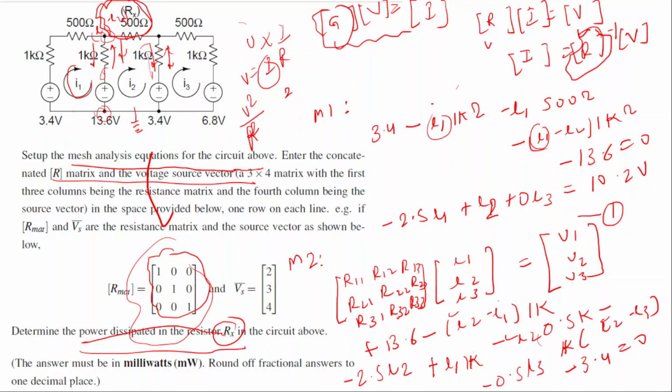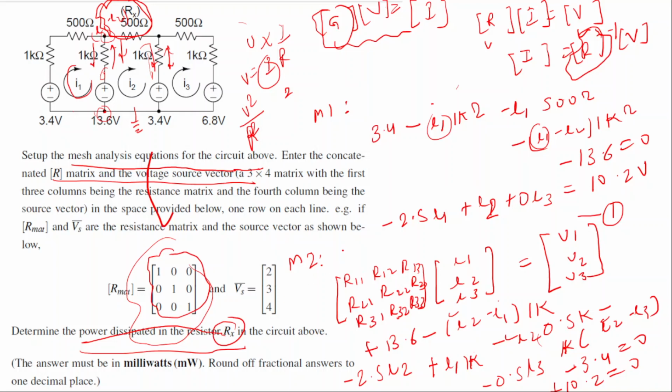Now 13.6 minus 3.4 equals 10.2, equals 0. So now let's take the other terms to the right hand side.